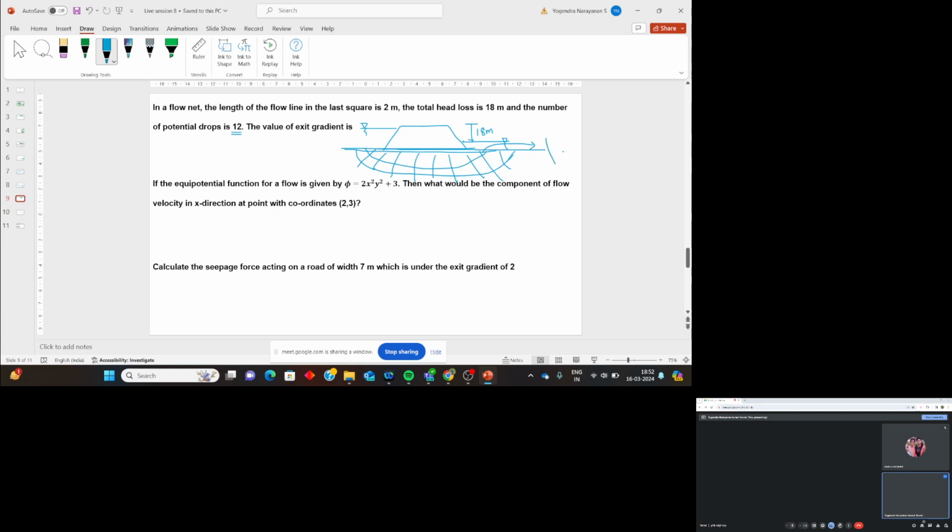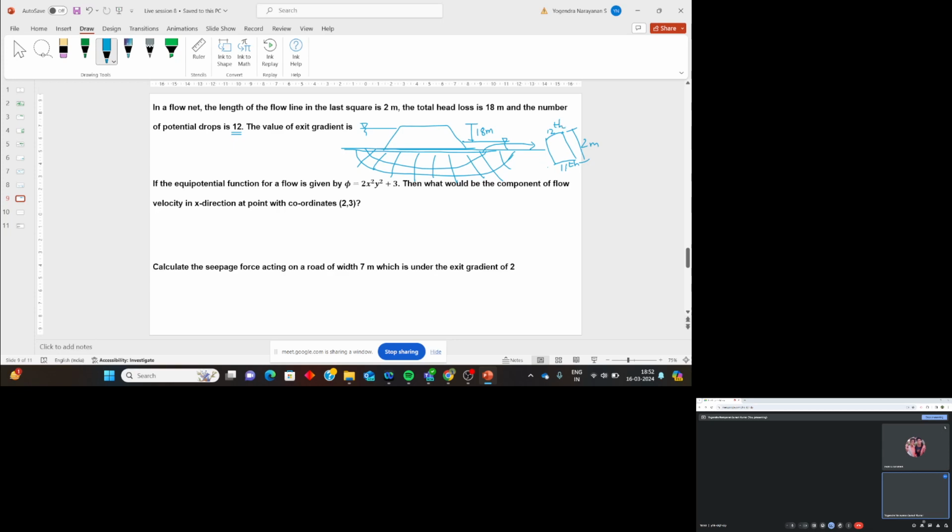Okay, so it will be like this, right? Yes, sir. They are saying that the exit gradient is a square with length 2 meters. That means this is the 11th equipotential line, and this is the 12th equipotential line.